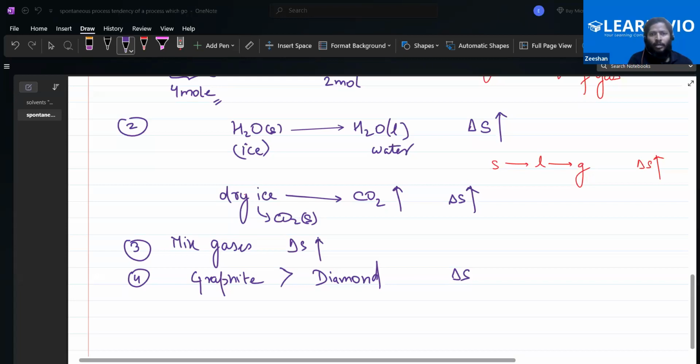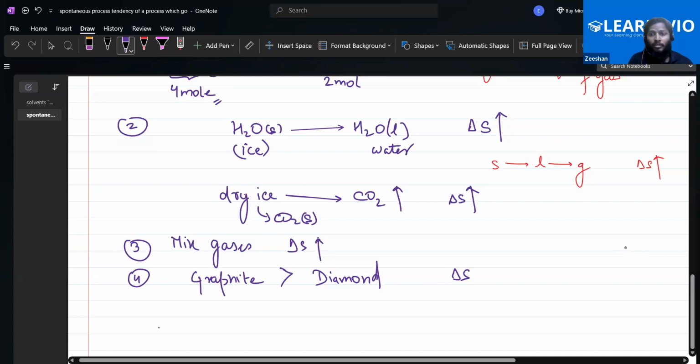Anybody remember that diamond structure is tetrahedral? Diamond structure is like this, and graphite is like this, in sheets. So graphite is used in lubricants, right?